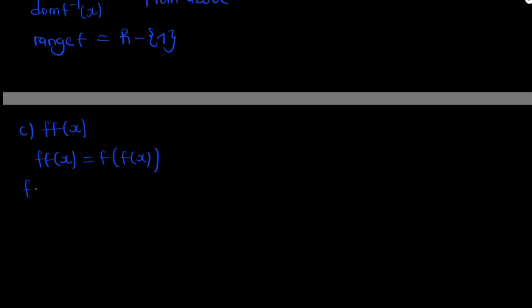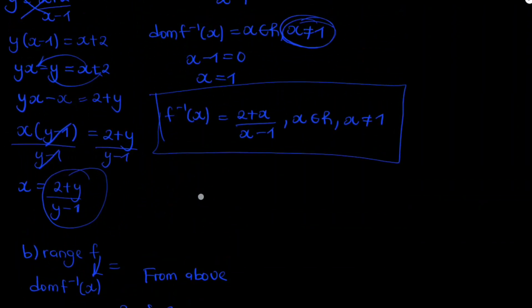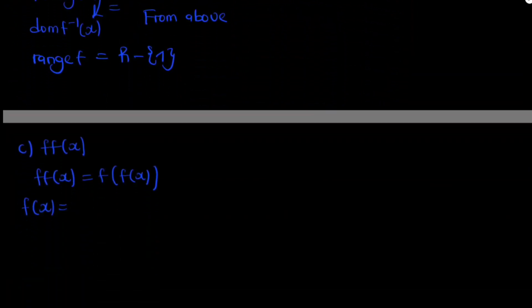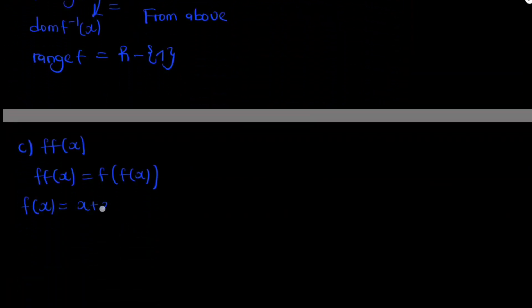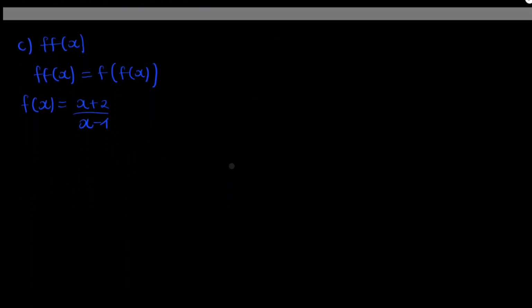Firstly, our f of x was x plus 2 on x minus 1. To find this composition, we are going to have f into x plus 2 on x minus 1, so we are going to substitute this for x in the f of x function.